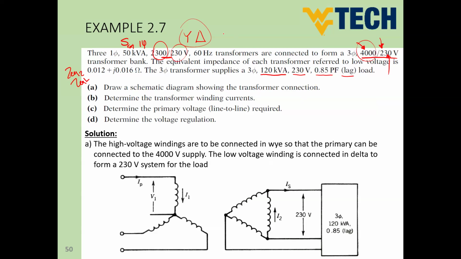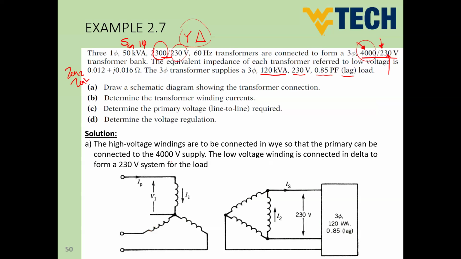For sure, guys, we figured out the transformer connection from the voltages of our transformers, that this transformer has to be Y-delta connection. So simply we can draw now the Y connection to the primary side, delta connection to the secondary side, and then this is our load.